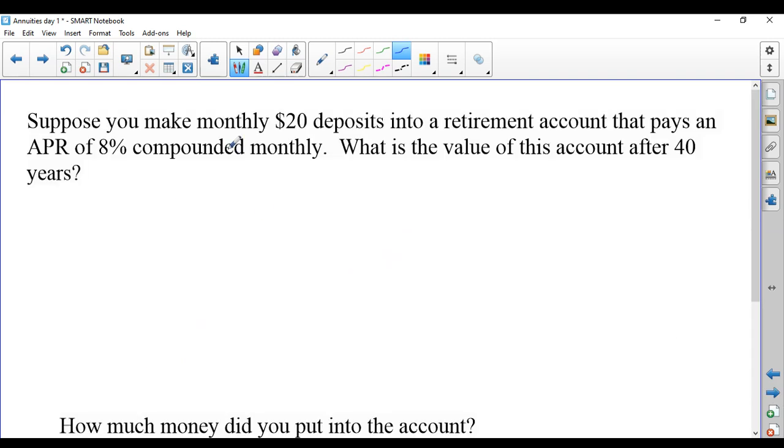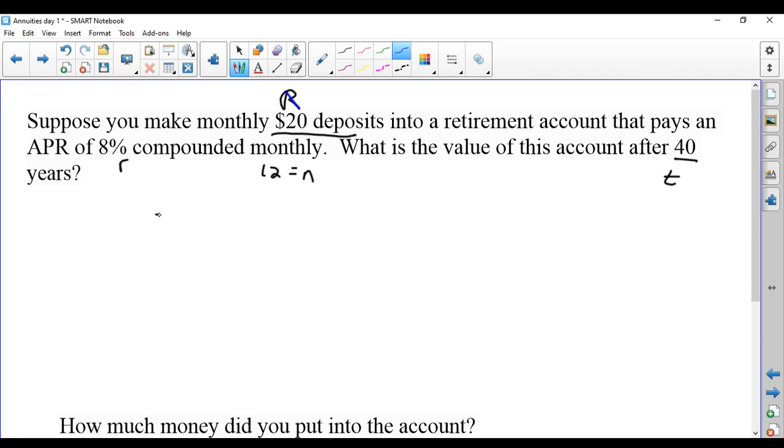So one last example. Everything is the same in this example, except we're going to double how much we're depositing each month. So now our R is $20. Our rate is 8%, and again, it's compounding monthly, so our n is 12, and it's still 40 years.